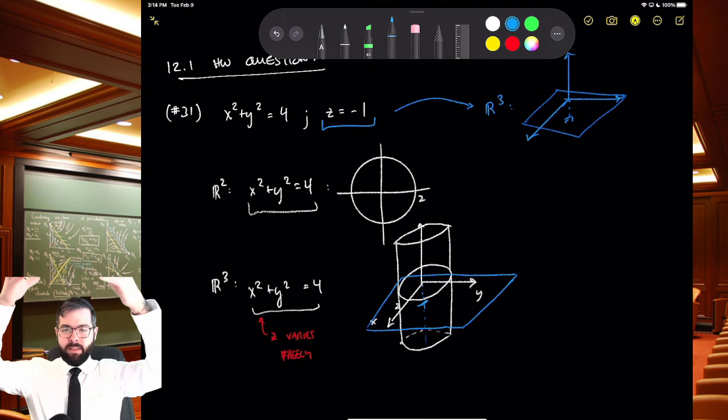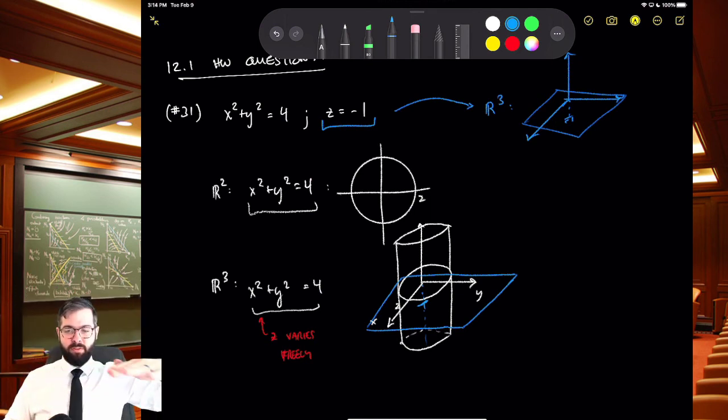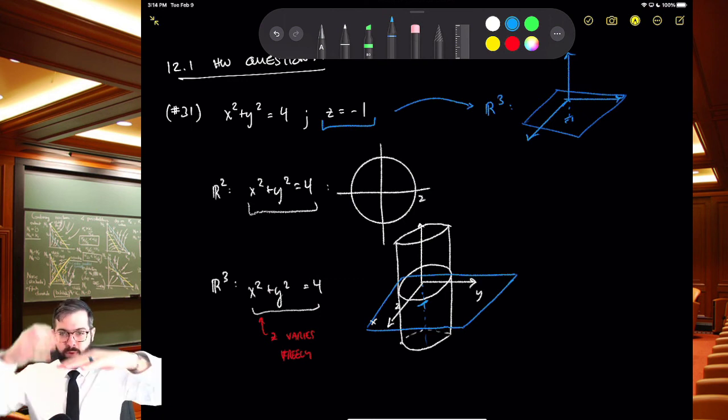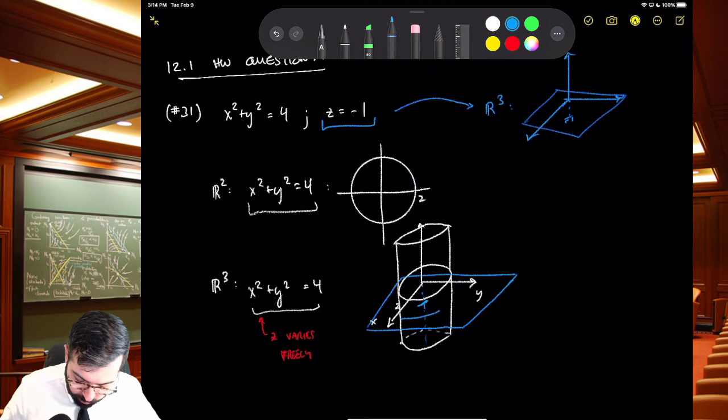It's like I've got this tube where the x and y coordinates are all set, and then I'm saying the z coordinates have to be this particular level. It's like I'm sending a sheet of paper through a cardboard tube. Does that make sense? Since I'm slicing that with the cardboard tube, where they intersect, where are all the points where this is true, is just on this ring of intersection.